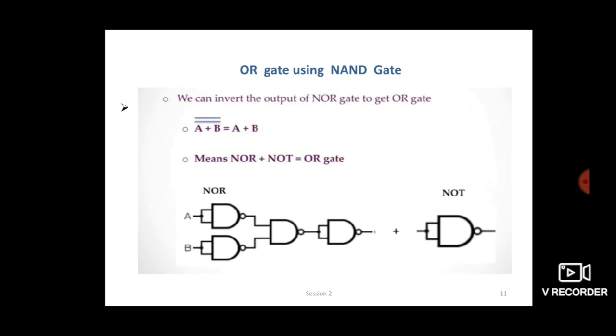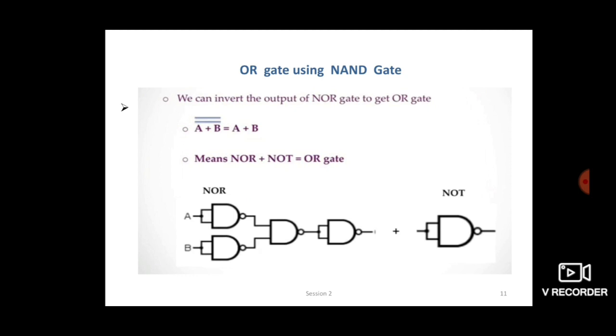Now the next gate is OR gate using NAND gate. Now see, just now we saw in AND gate, if double bar is there, then cancel both bars and get only A dot B. Clear? Same way here, if A plus B double bar, get A plus B. So how will we get OR gate?